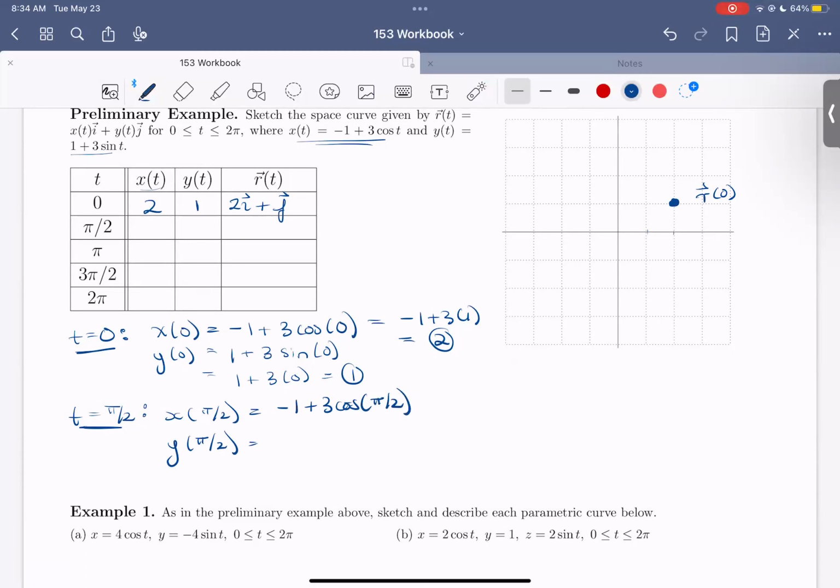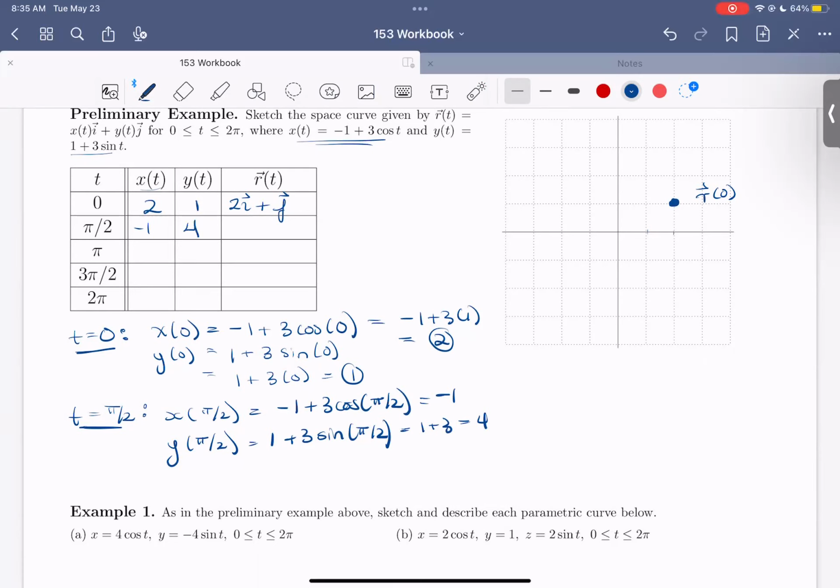Recall cosine of pi over 2 is 0, so this becomes -1 plus 0, which is -1. Then following the y map, we have 1 plus 3 sine of pi over 2. Sine of pi over 2 is 1, so this becomes 1 plus 3, which is 4. So we can fill those in: x is -1, and y is 4.